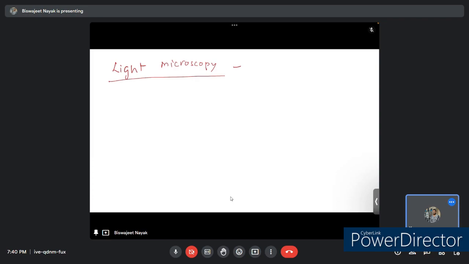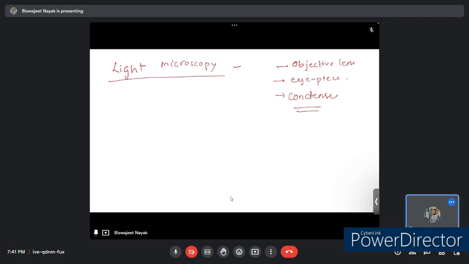As we know, very important components of light microscopy are objective lenses, which I have already discussed, then eyepiece. Then there is another component called condenser, which helps to better magnify the image, and we can get a better result from our microscope.